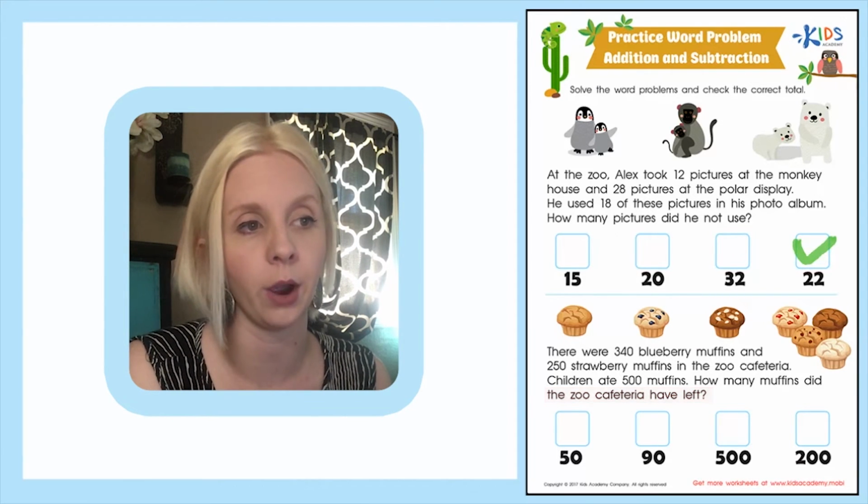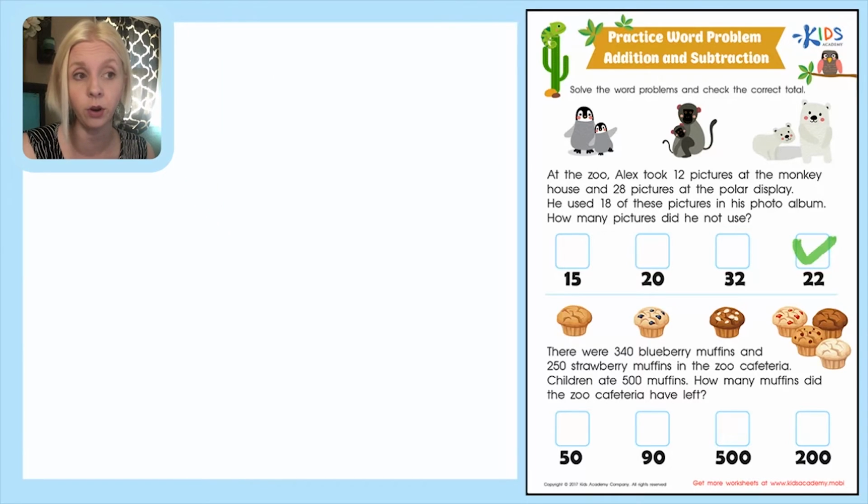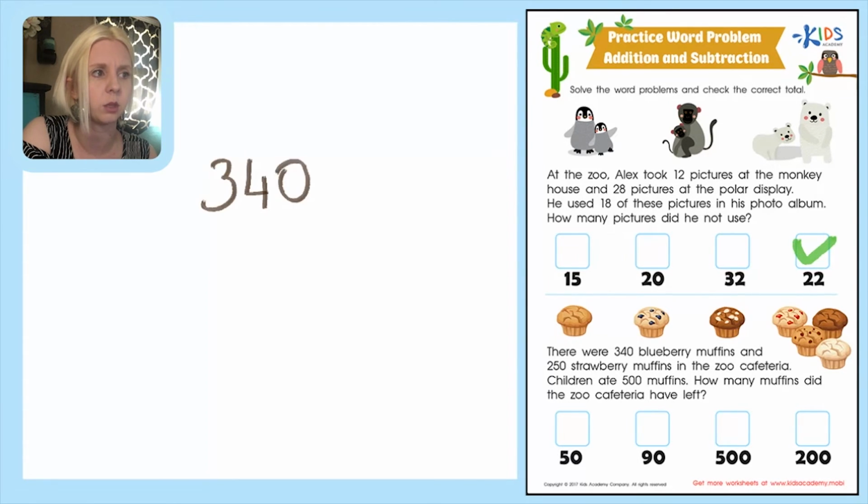So what we need to do now on this problem is find the total number of muffins between the blueberry and the strawberry, and then subtract 500 to find out how many are left. So once again, these are big numbers, but we need to set up a problem so that we can find our answer. So here we're going to write 340, that's the blueberry muffins, okay? And we're adding this together to find our total.